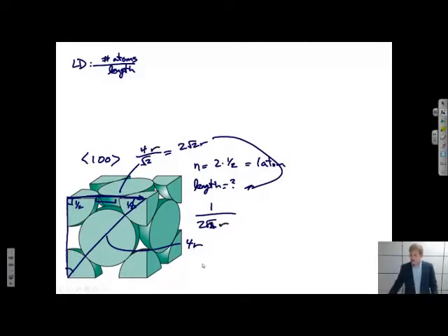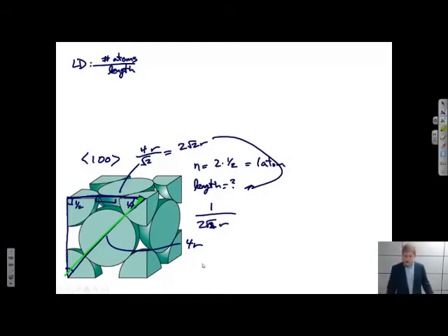And you'll see that this is a lower linear density than we calculated for the 110 family of directions. And this makes sense because if we look at the 110 direction, all those atoms are sitting so that they're touching. They're as close as they can possibly get. Versus the 100 family, there's a gap between them. So we would expect a lower linear density. And indeed, that's what I see.